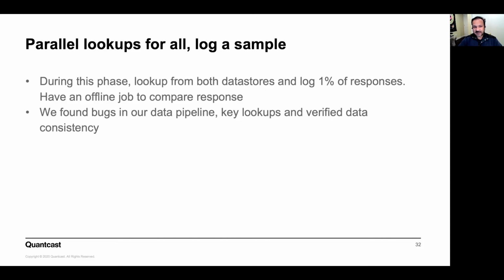We would have an offline job to compare the responses, and if there was a big discrepancy in the response from Keebler and Aerospike, that was a good indication that there is a bug somewhere in our data pipeline. We were definitely able to track down a few bugs using this process.